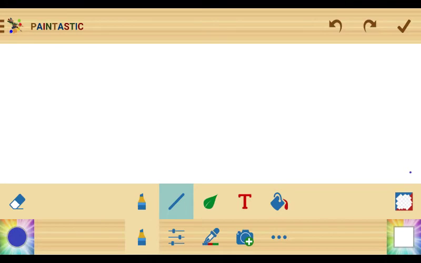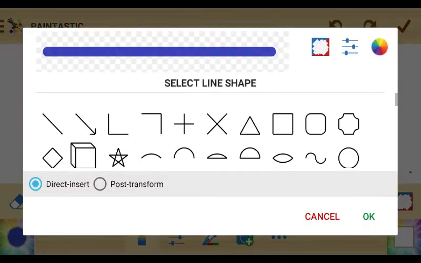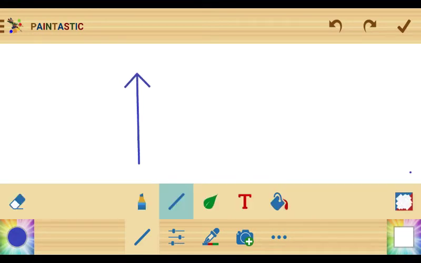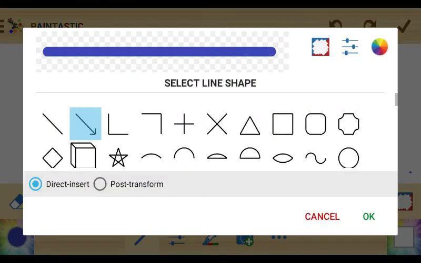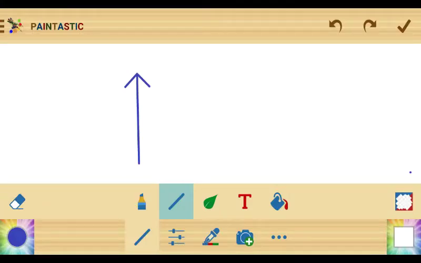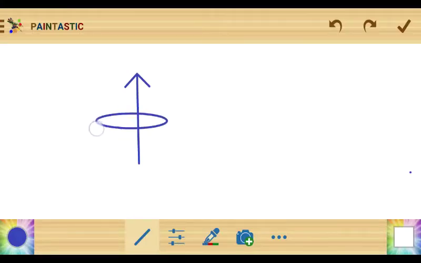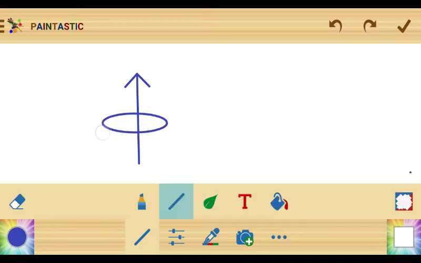Direction of magnetic field. So let's say this is an arrow direction. If this is the direction in which current is moving, then the magnetic field around it will be in the form of circles.